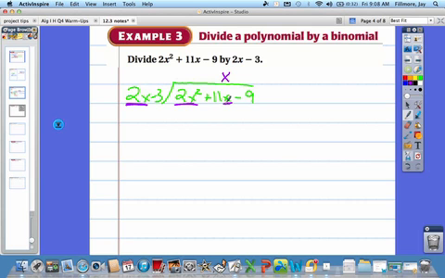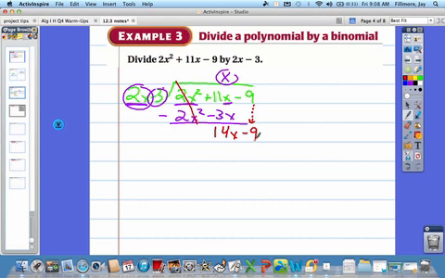And 2x over here times x is 2x squared, and our minus 3 times x is going to be minus 3x, and we're subtracting these. When we're subtracting these, our 2x squared terms are going to cancel, and then 11x minus negative 3x is really 11x plus 3x, which is going to be 14x. Then we bring down our minus 9.